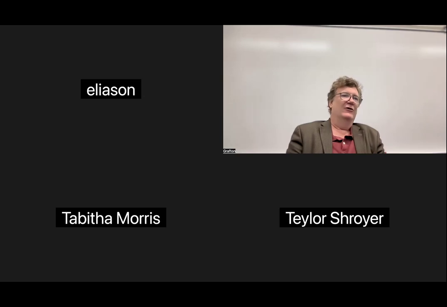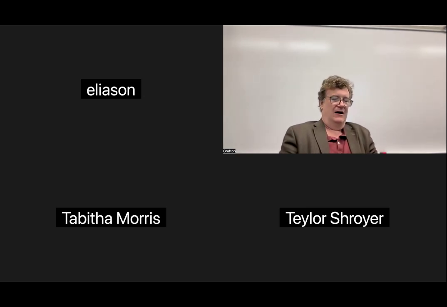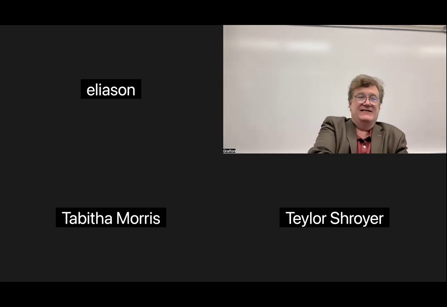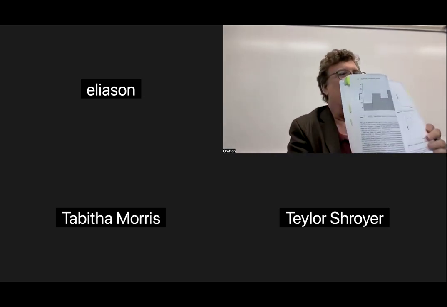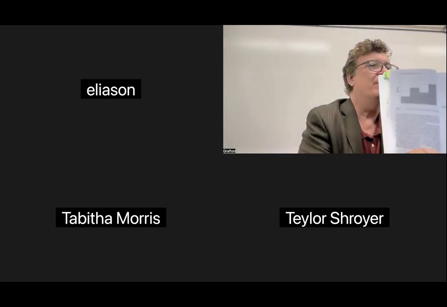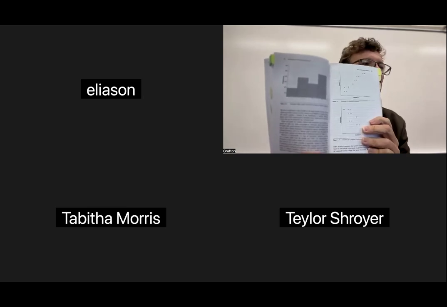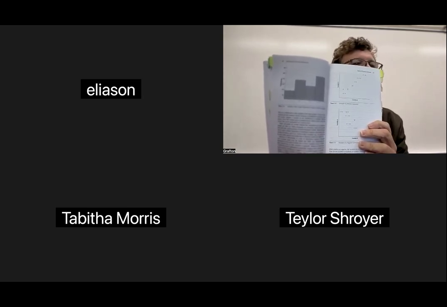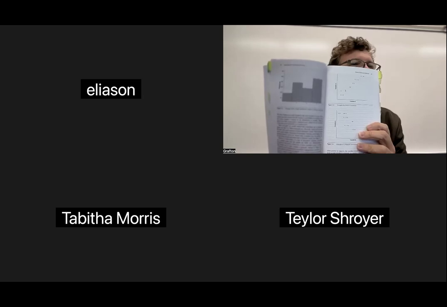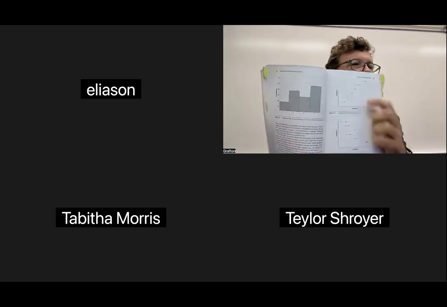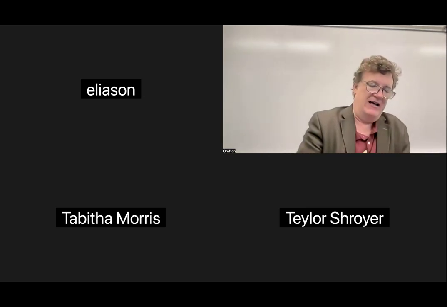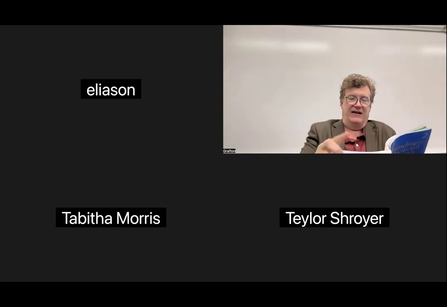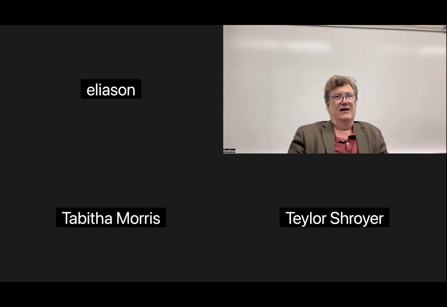So look at the chapter on basic stats in your book, because it has pages and pages of all the different types of graphical representations of stats. Here it has a bar chart, and correlations.